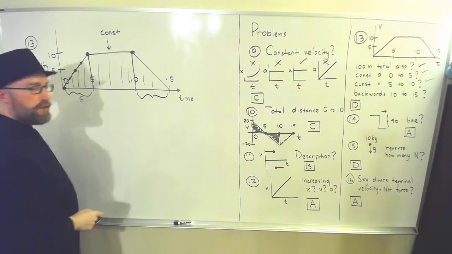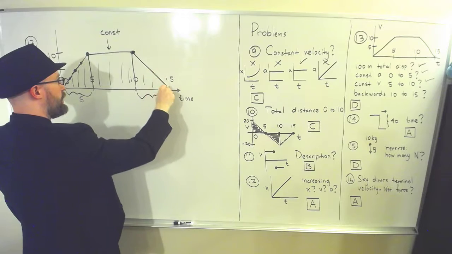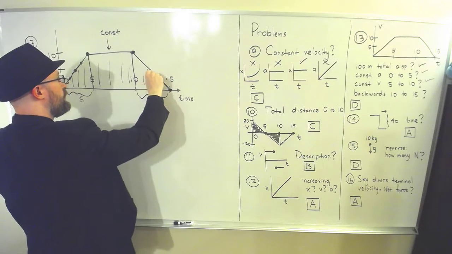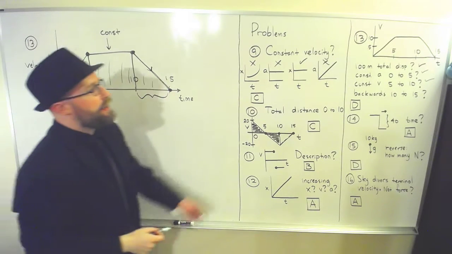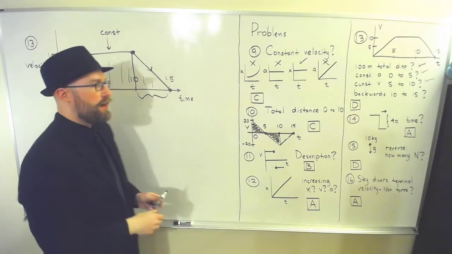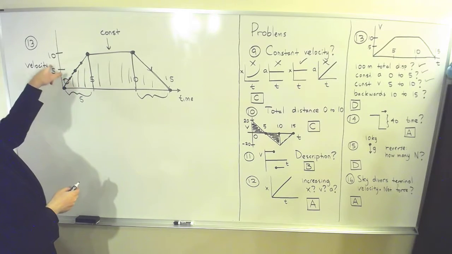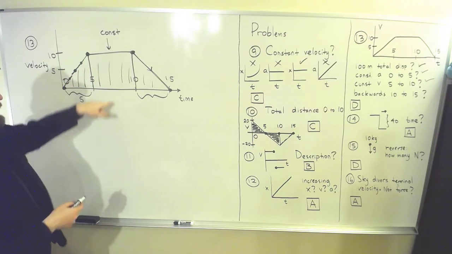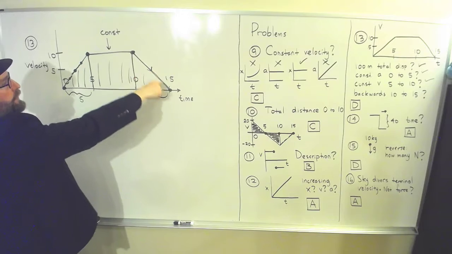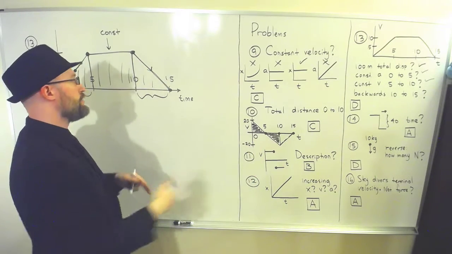That's this interval. They're trying to trick you because you see the graph is going down like this, and so they're thinking, oh, down, it's moving backwards. But whether the particle is going backwards, that's talking about how the displacement is changing. And this is not displacement versus time, this is velocity versus time. See, this whole time the velocity is still positive, and that means the displacement is continuing to increase.